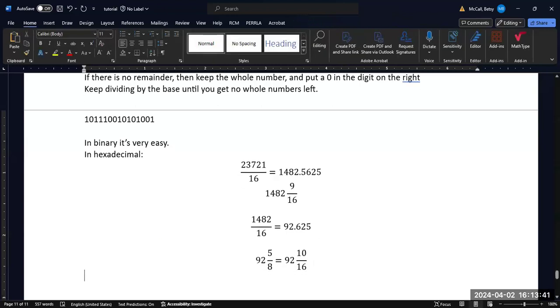So that 10, that goes in my digit, and then I continue with the 92.